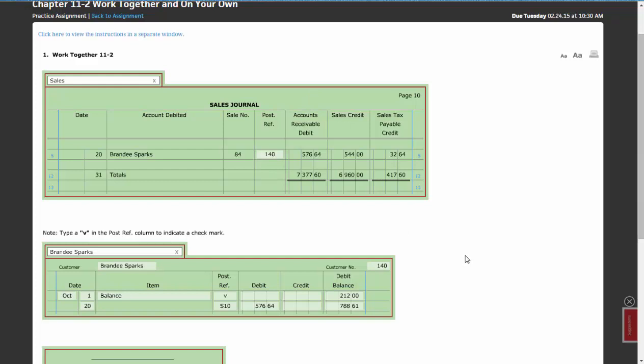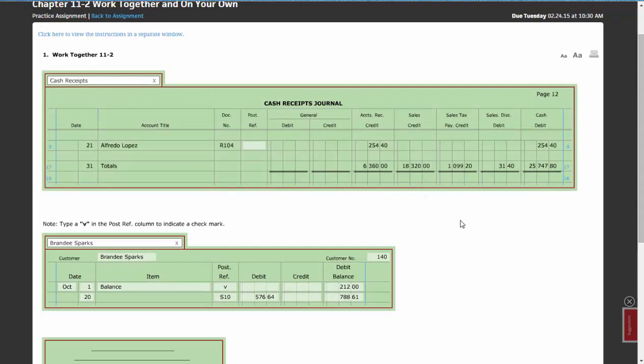Congratulations, you just posted from the sales journal. Woohoo, yay! Wasn't that hard? Dylan's shaking his head. Nope, got it. You rock that thing. So which journal are we posting from next? Yep, so instruction number 3 says we're going to look at the cash receipts journal.